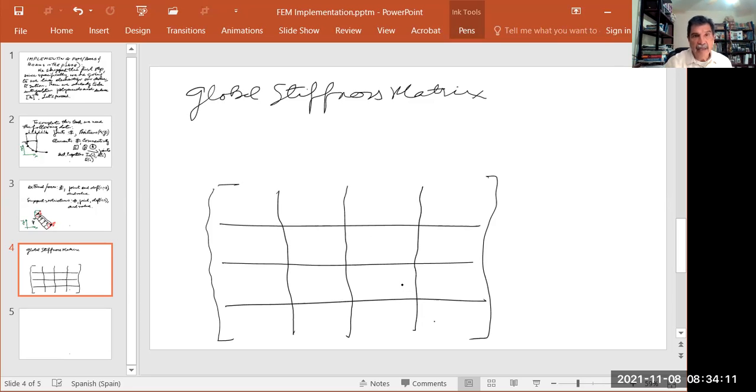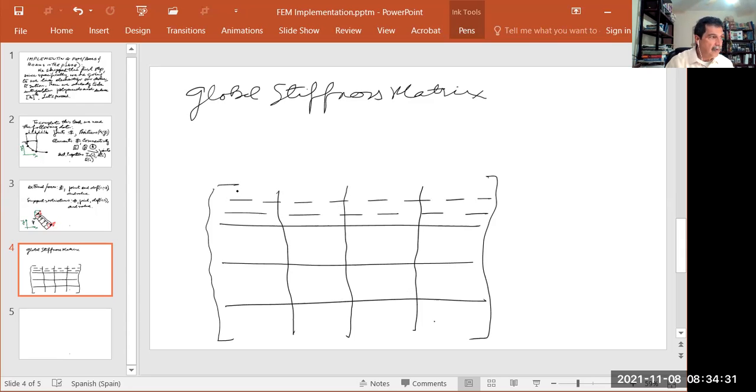Now, in this case, we're working in the plane. We have 3 degrees of freedom. So for every joint, I have to separate this in 3 rows. So I have something like this. That's the equilibrium in the X direction, in the Y, and the moments.